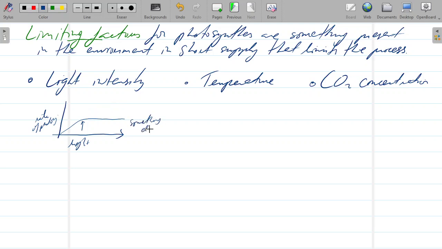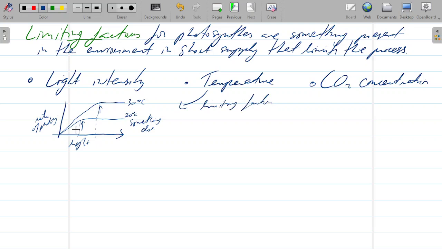So, for example, this is at 20 degrees centigrade, and you raise the temperature to 30 degrees centigrade, and you see there's a lot more photosynthesis occurring, and it goes on further, to a higher light intensity compared to at 20 degrees. So in this case, temperature was the limiting factor.